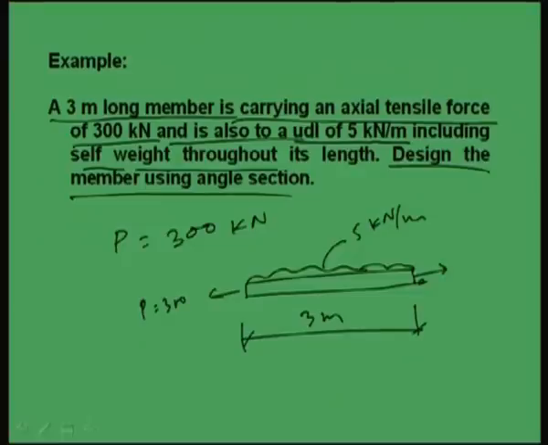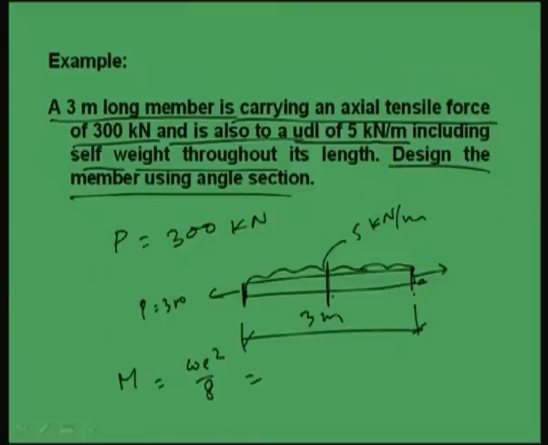Now we do not know the support condition here. So let us assume the simply supported condition, then we can find the maximum moment developing at the middle, which will be WL square by 8. So let us design with this upper value, the maximum.